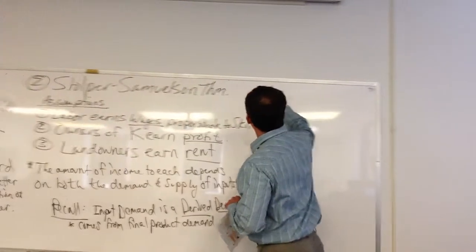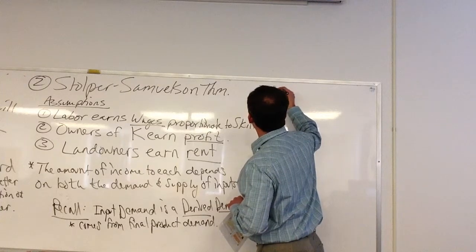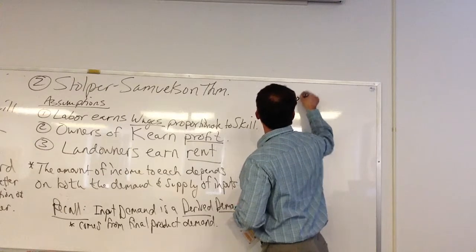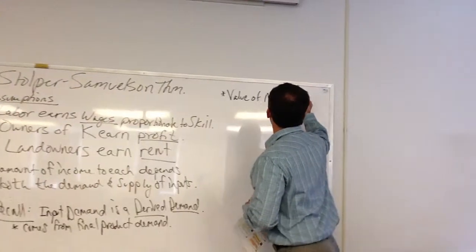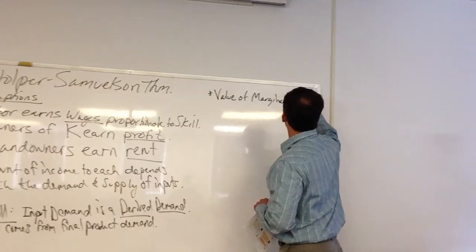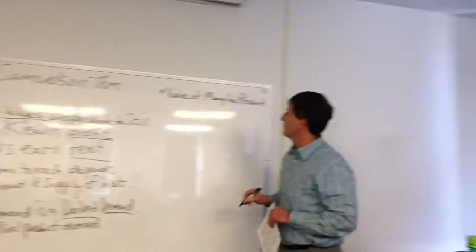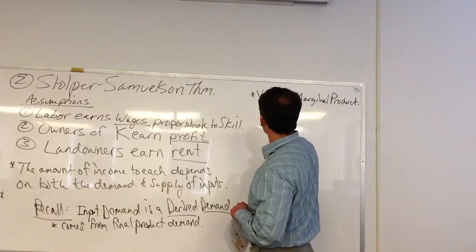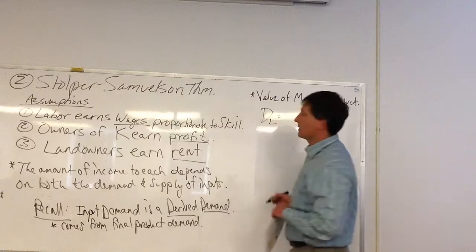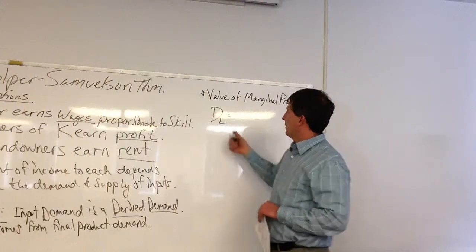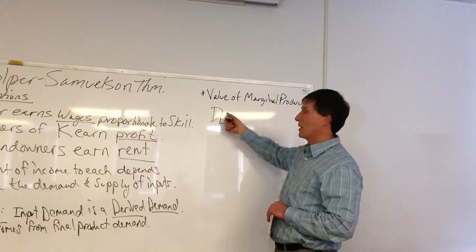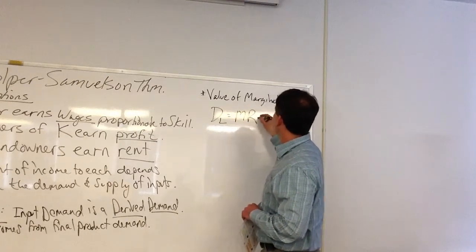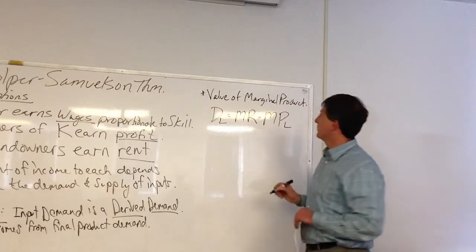There are a couple different ways to put it. I guess we use the value of the marginal product. Put a little teeth on this, which basically said that the demand for labor, let's say, is equal to the marginal revenue of the product that they do times the marginal product of labor.